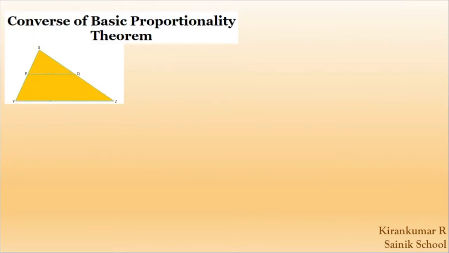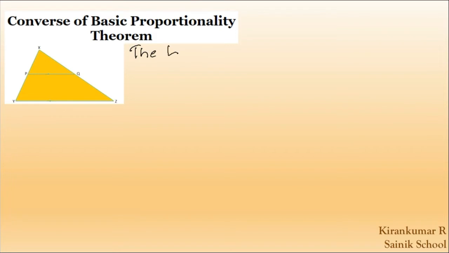Now let us learn proof for converse of basic proportionality theorem or converse of Thales theorem. The statement of the theorem is the line dividing two sides of a triangle proportionally is parallel to the third side.